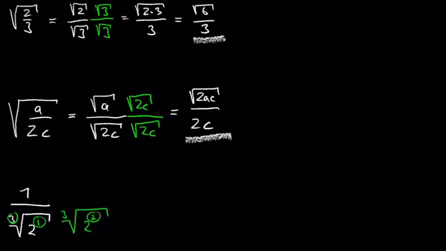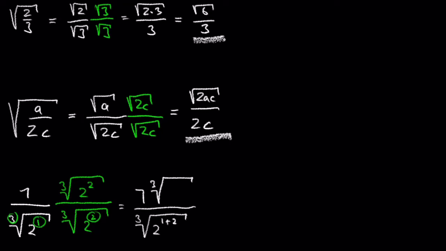So multiplying the third root of 2 by the third root of 2 squared gives us the third root of 2 to the 1 plus 2. On the top we get 7 times the third root of 4.